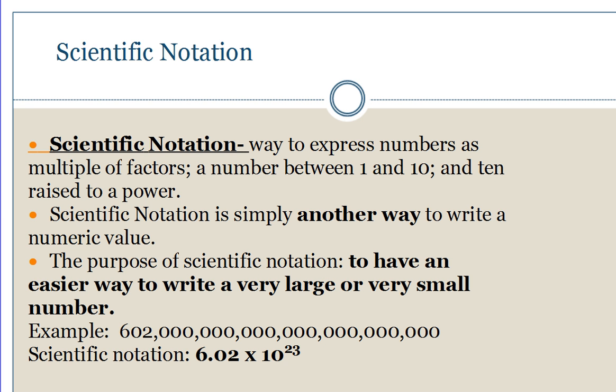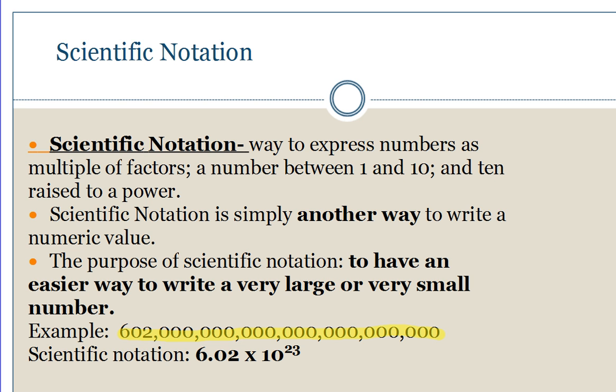So for an example, when we get later on in chemistry, we'll have to use this big number right here. $602 quintillion, I believe. And you can't put this into your calculator, or if you have a calculator that you can, you don't want to sit there and write all the zeros.